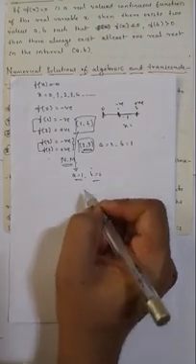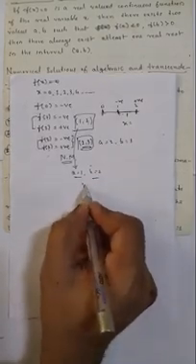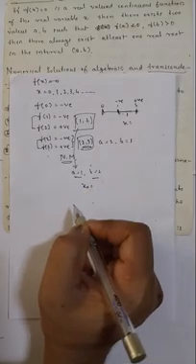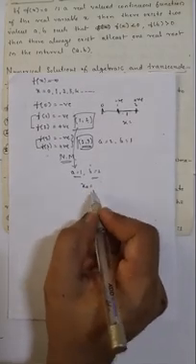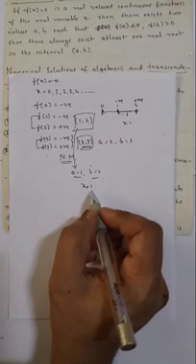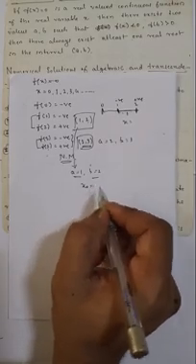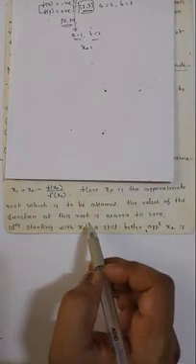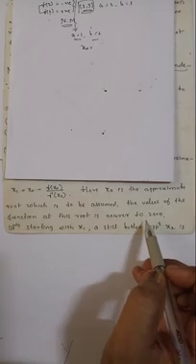From these values of a and b, we have to choose one value as x naught, according to the condition given here: the value of the function at this root is nearer to 0.